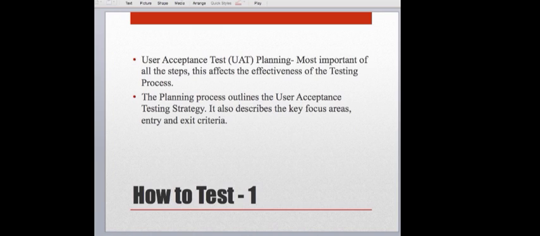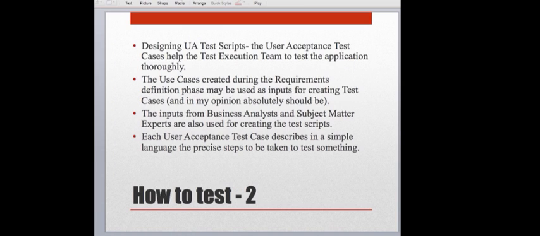The test planning process should outline your user acceptance testing strategy, just like any of your other testing strategies. It should also describe the key focus areas that you want the SMEs to focus on during the testing, and any entry and exit criteria.